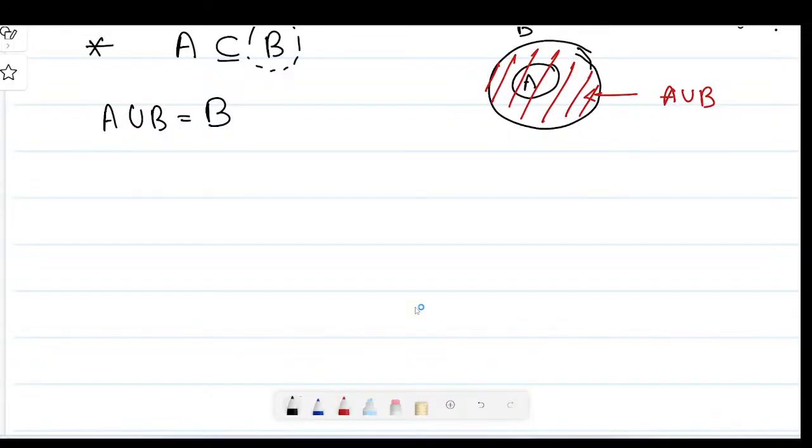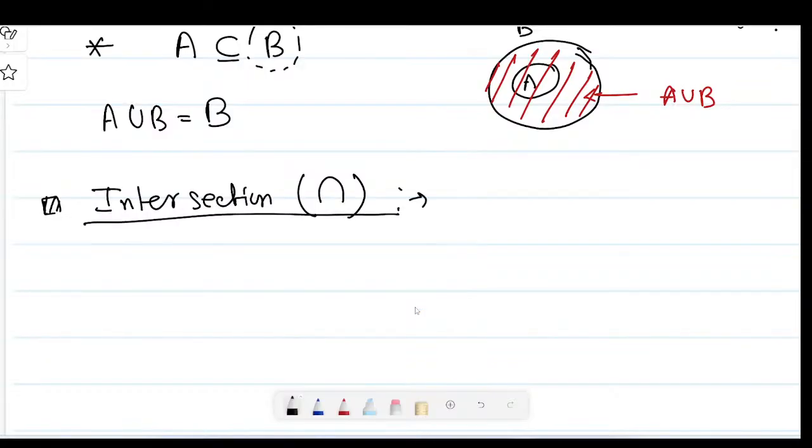Okay. Next is intersection. And the notation is like this. Intersection means the common portion of the sets.